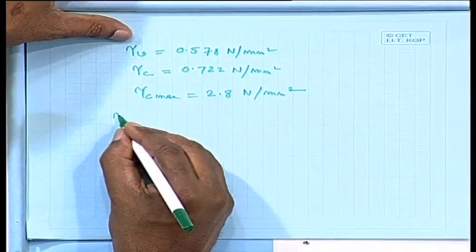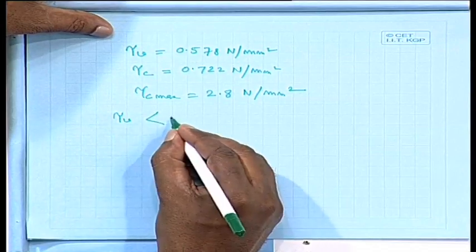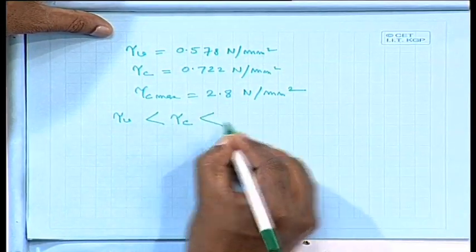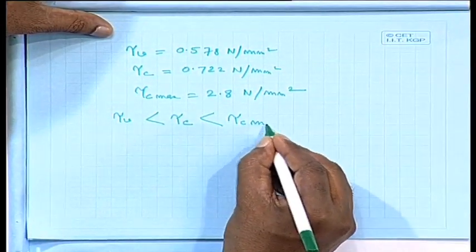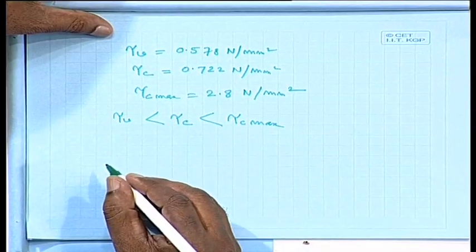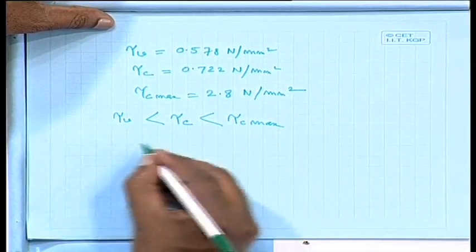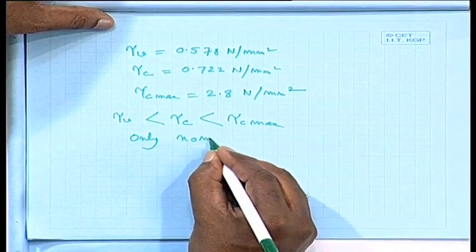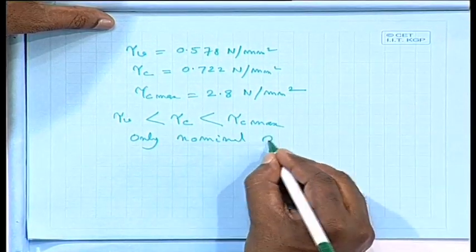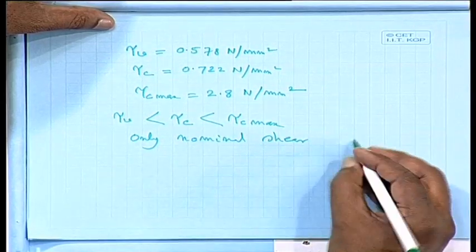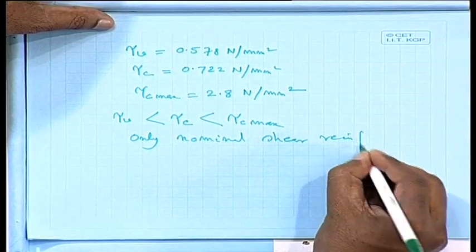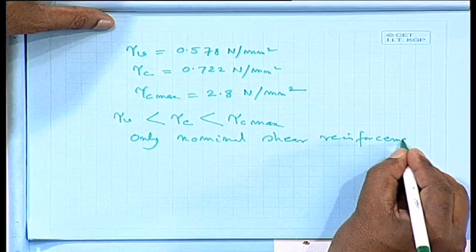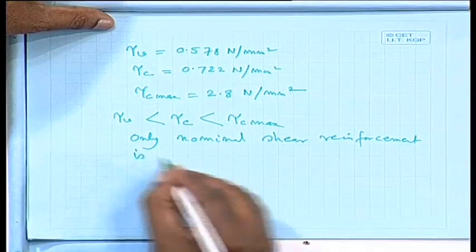So, we can write down tau V is less than tau C and less than tau C max. So, we can write down only nominal shear reinforcement is required.